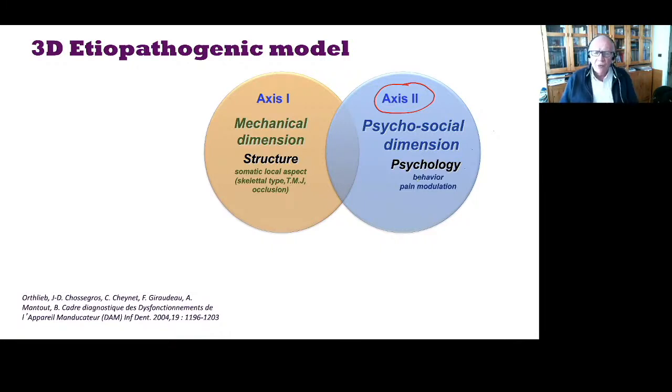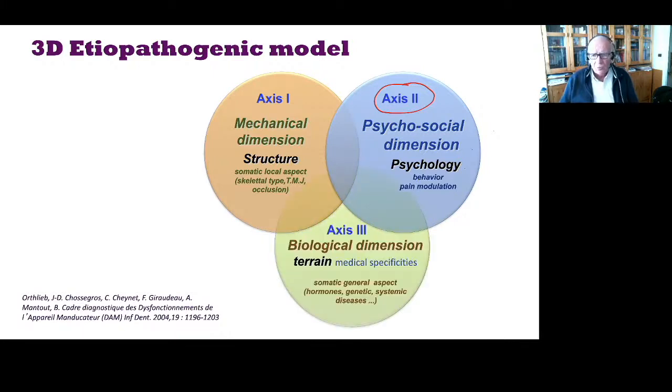But there is a third dimension. The third dimension is a biological dimension. It is the terrain or the field of the patient. Somatic general aspect. Is it a young woman? Is it an old man? Somatic general aspect concerns hormones, genetics, systemic disease.